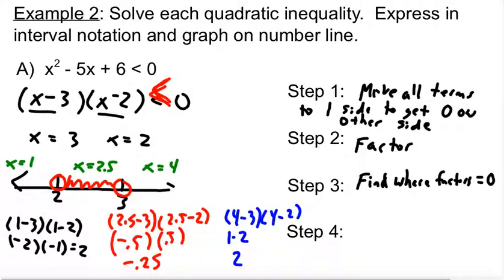All right. Sometimes you can also do this. Some people just like to kind of look up here. If I choose 1 here and I put it in here, when you did your test in here, you did 1 minus 3 there, you got a -2. So it's a negative. And when you did your 1 minus 2 here, you got a negative. And a negative times a negative there is a positive. Is a positive less than 0? No, it's not.